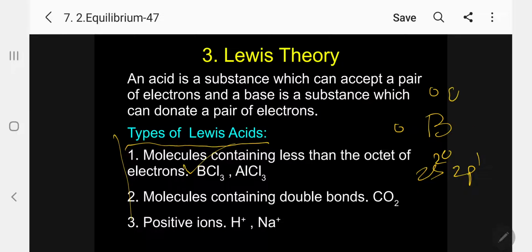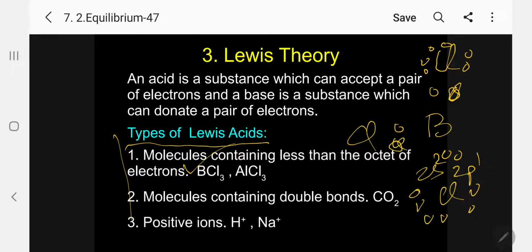So 7 electrons means chlorine shares 1 electron. I can write 2 here, 2 here, 2 here, so 6, and this is the chlorine with 7. In the same way I can write in all directions, the chlorine here, and here also chlorine, with 6 electrons. Kindly follow.